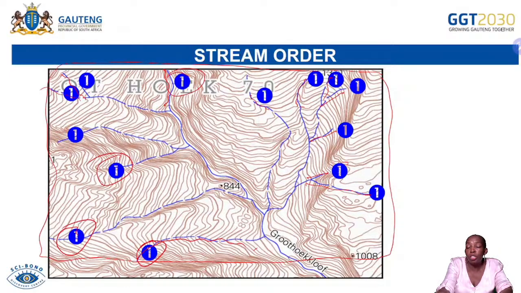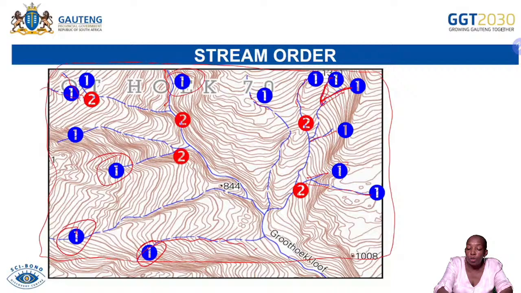So this is the calculation of the geometric system, where we now calculate the stream orders within a drainage basin. I have indicated that all the source streams would be stream order number 1. Then, when we calculate the stream order, we look at any point of confluence between a stream order number 1 and another stream order number 1, and it changes the order.